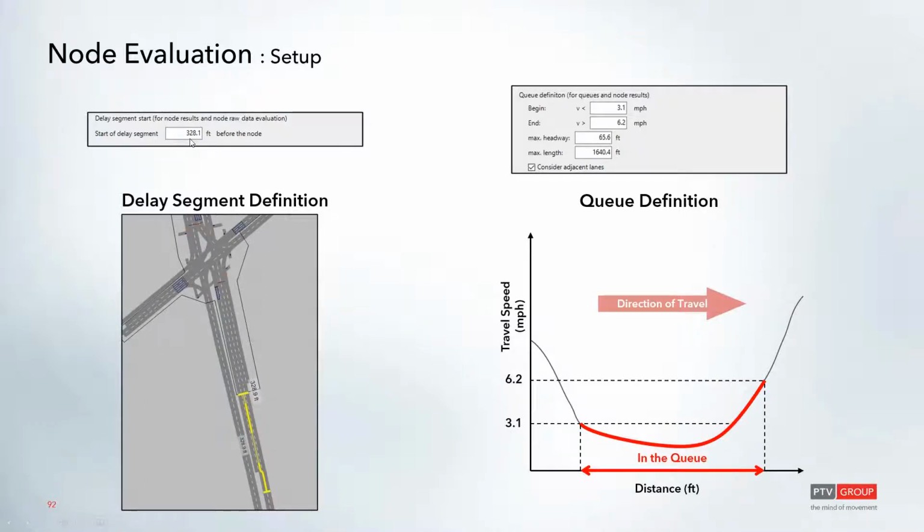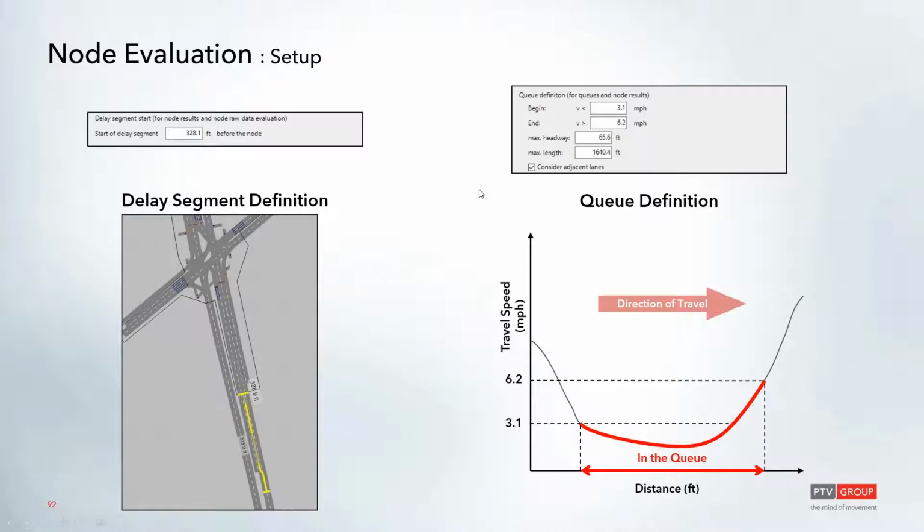In this case, that default value is 328 feet, and you'll see that that delay segment is going to be placed 328 feet upstream of the starting edge for that node. So at this point is where that delay segment will be placed. Of course you can increase or decrease this value, but note that this is going to be the value for all of the nodes within the network.